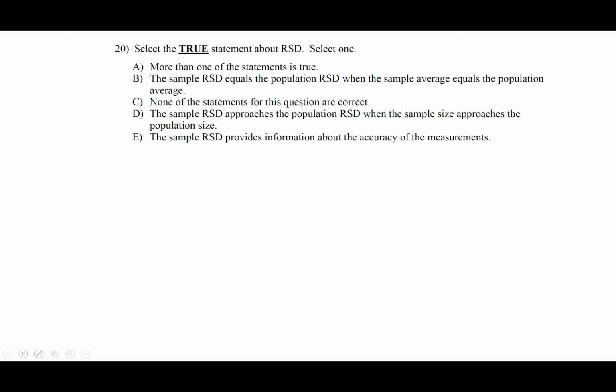The sample RSD equals the population RSD when the sample average equals the population average. Well, we should know that's false, right? Because we actually saw that when we did both jockeys and NBA players, the average wound up being the population average.